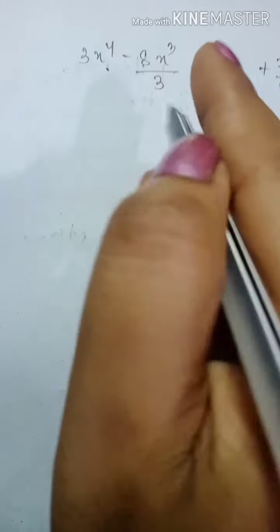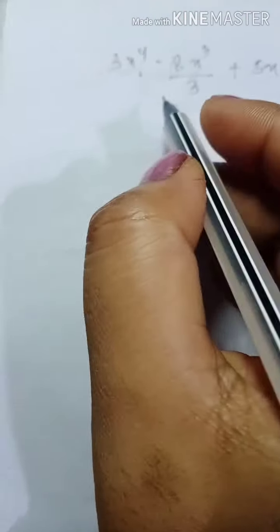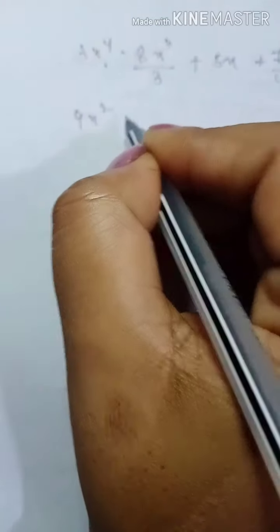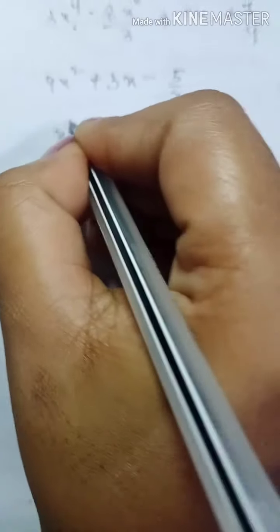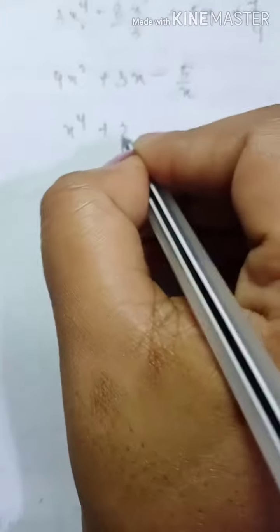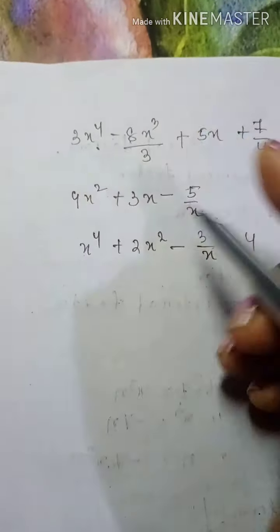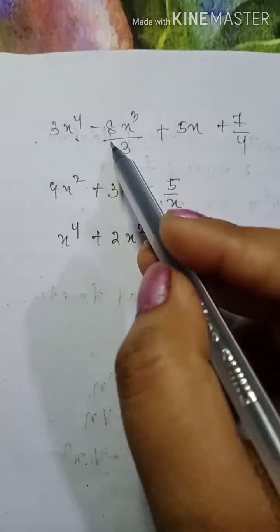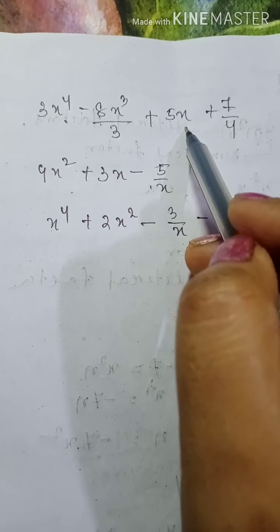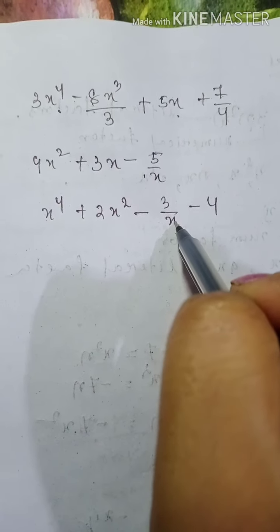Another is 4x^2 plus 3x minus 5 by x. Another is x^4 plus 2x^2 minus 3 by x minus 4. These are some expressions: this is a trinomial, this is a polynomial or multinomial, and this is also a multinomial.